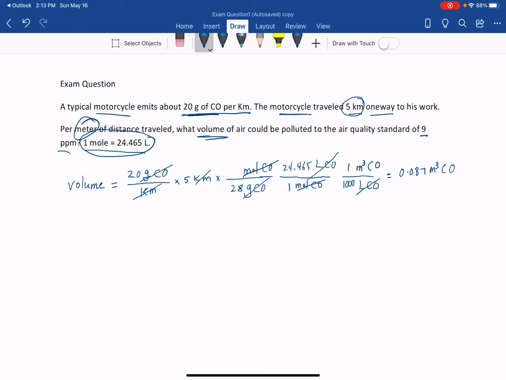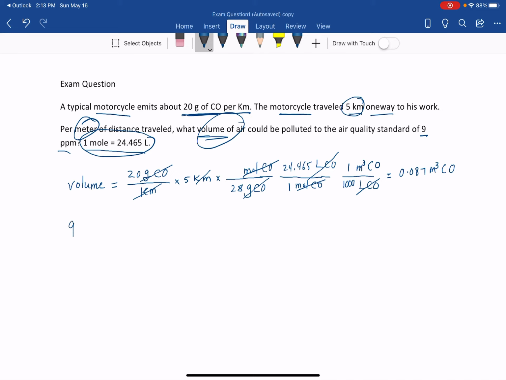Now, he needed per meter distance of travel. He needed the volume of air that could be polluted to the air quality standard of 9 ppm. Okay? So let's look at the volume of the air per meter distance. First of all, let's look at the 9 ppm.